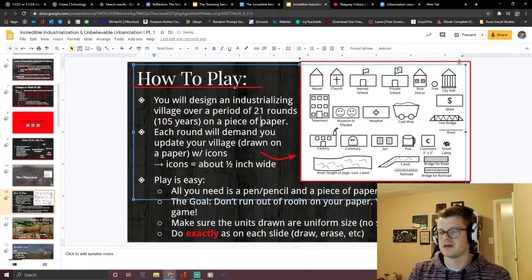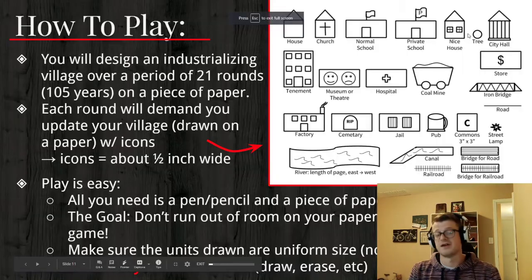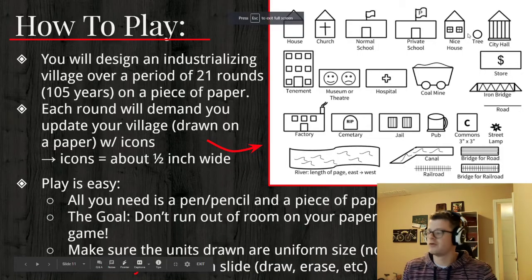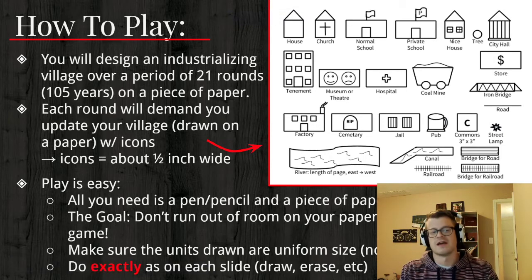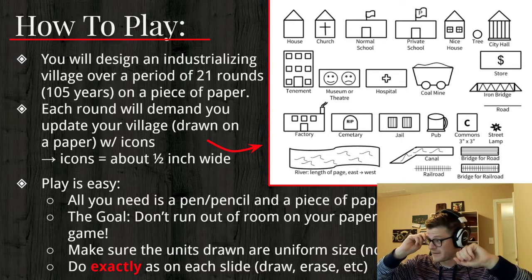You're going to be taking a village in England through industrialization over, give or take, 105 years. All you need is a piece of paper and a pencil. Each round demands, and we'll talk about how the rounds work, that you update your village with some things. Those are the icons up here above my head.